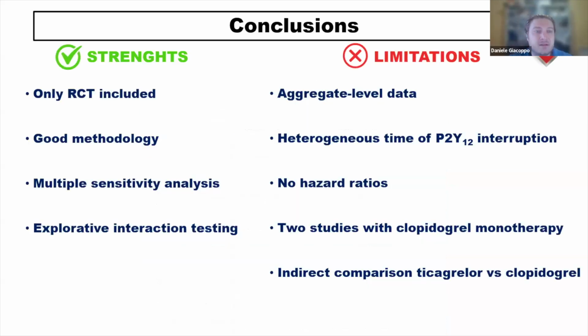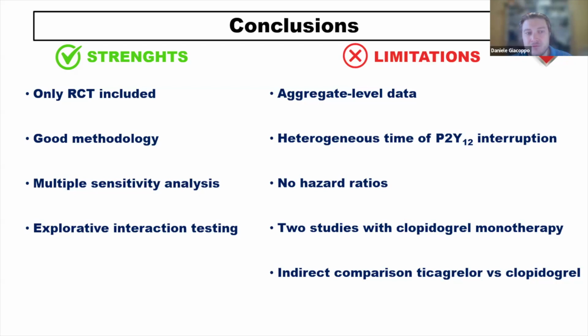So in conclusion, the strengths of this meta-analysis are that only randomized clinical trials are included, which is the best scenario when you don't have access to individual patient data. So by using aggregate level data, you cannot control for between group imbalance, by definition present in observational studies.